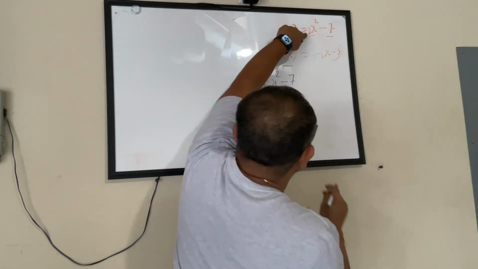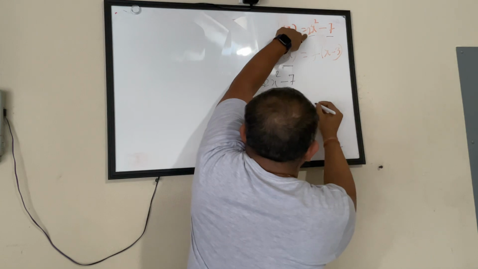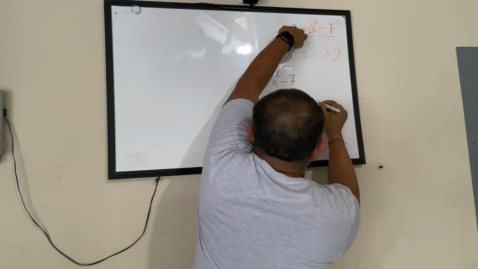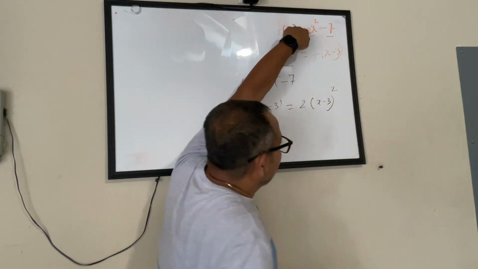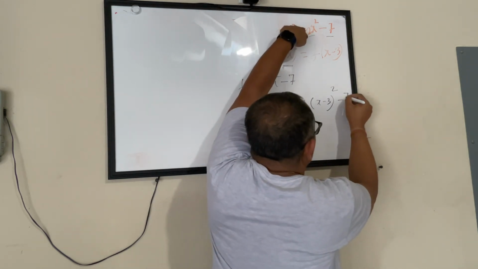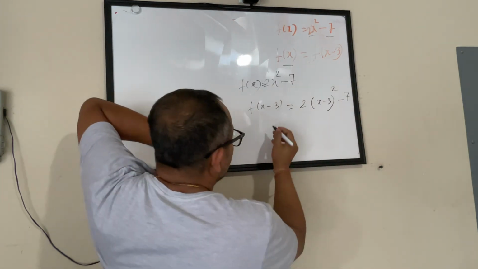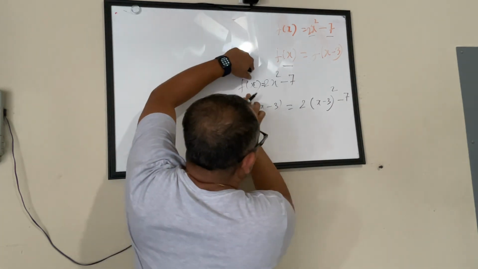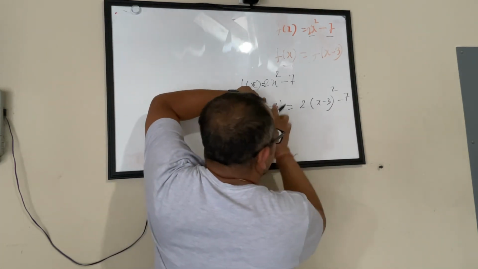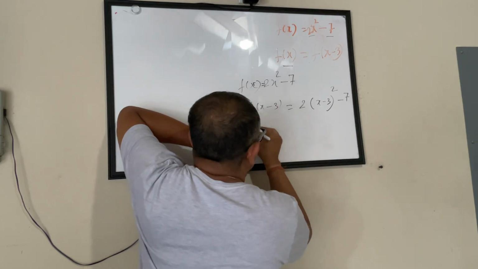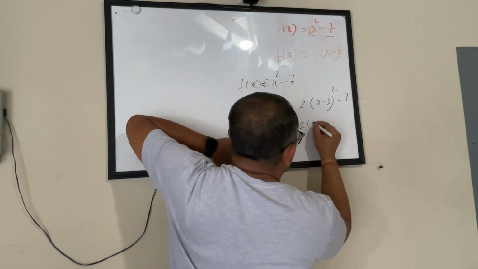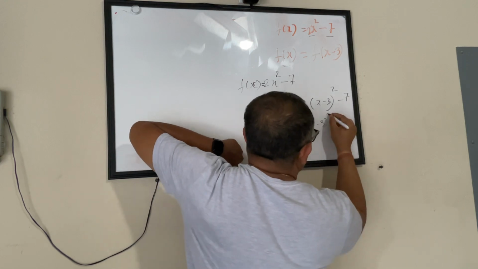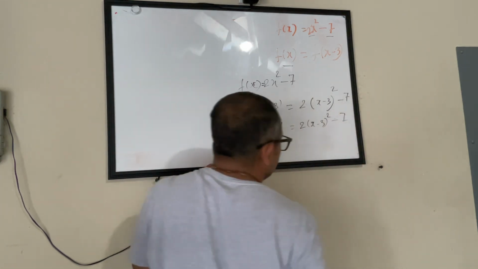In this equation, I will replace x with x minus 3. Everywhere I have x, I am replacing that with x minus 3. Now it says function of x equals function of x minus 3. So let's look at it. That means 2x squared minus 7 equals 2 into (x minus 3) squared minus 7.